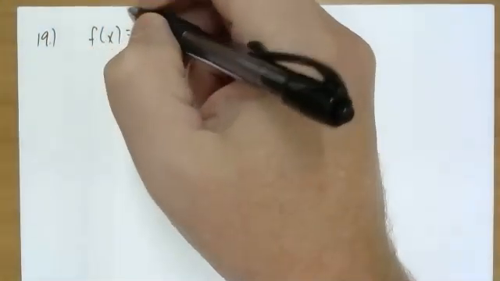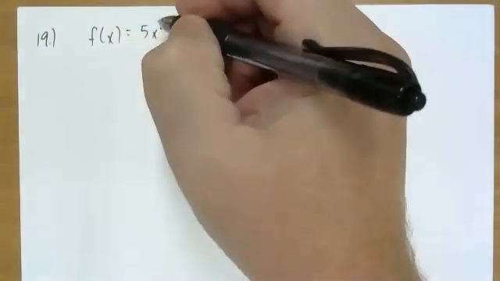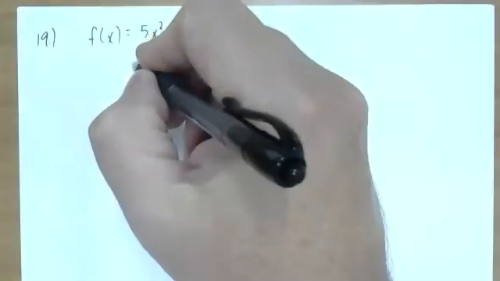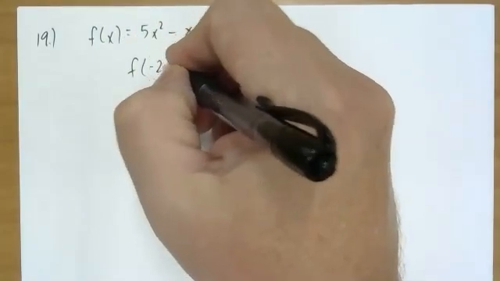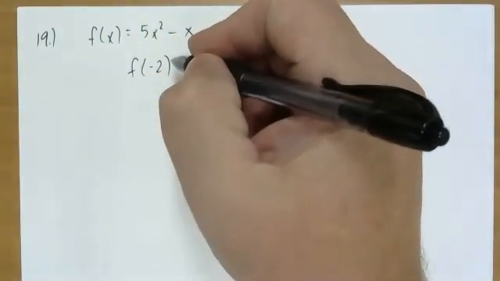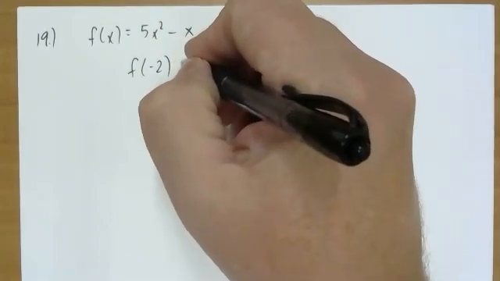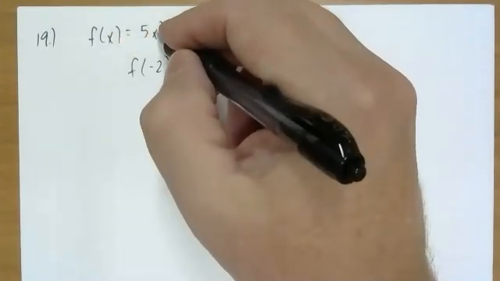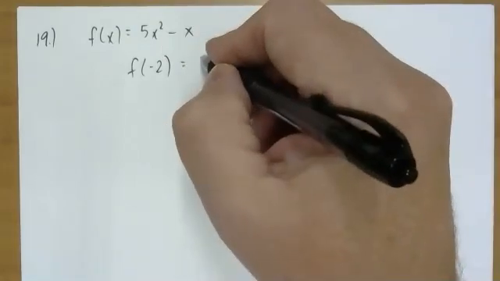So the function f of x equals 5x squared minus x. And they ask us to first determine or calculate f of -2. What that means is you go to your f function, every place you have an x, you replace it with a -2.